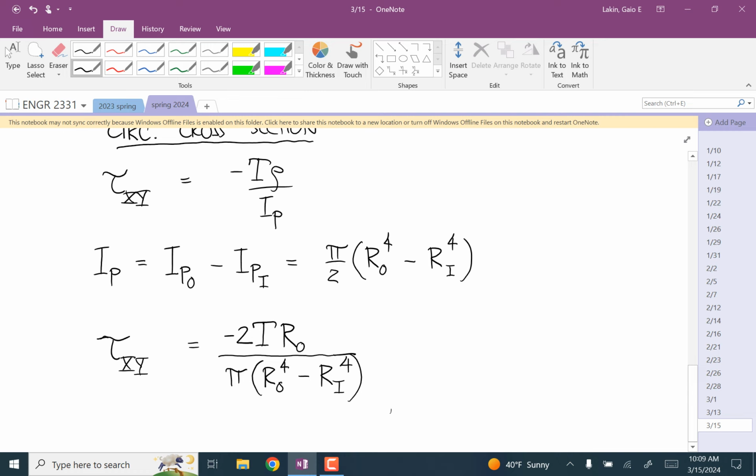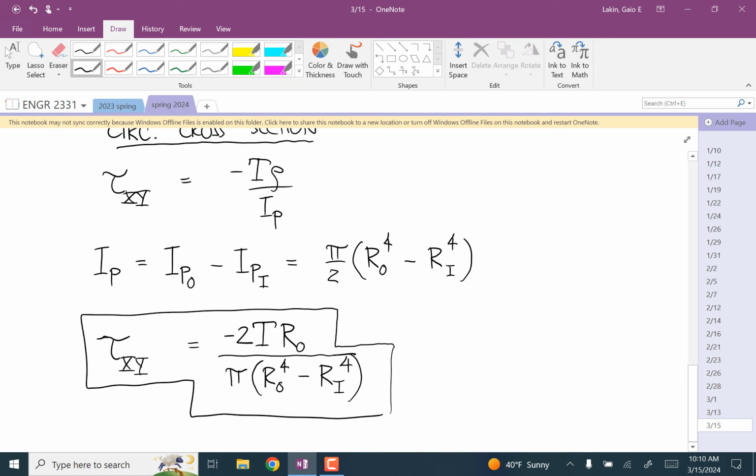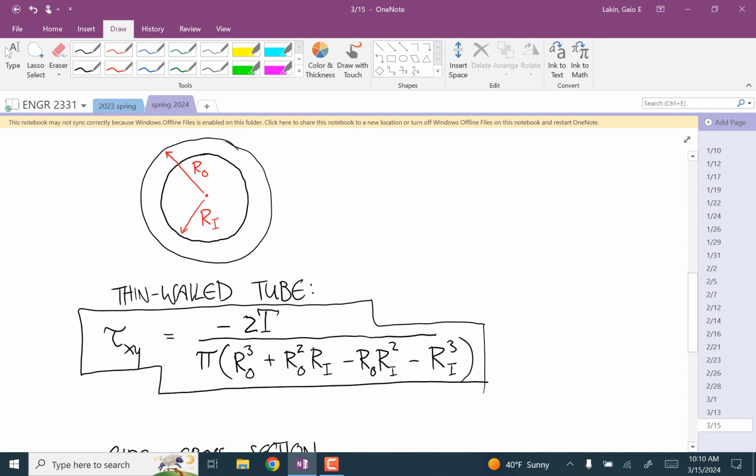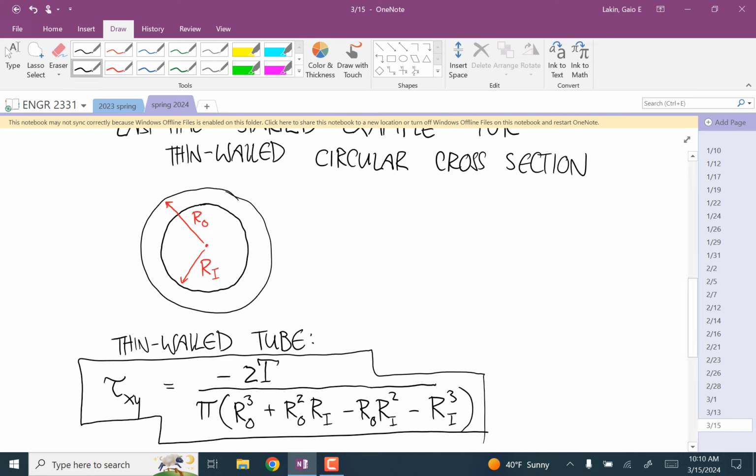So the rho is r outer in this case? Yeah, I mean, we could change that. Remember that, I think in the example, I said that that's what we're trying to calculate, the stress here. Okay.